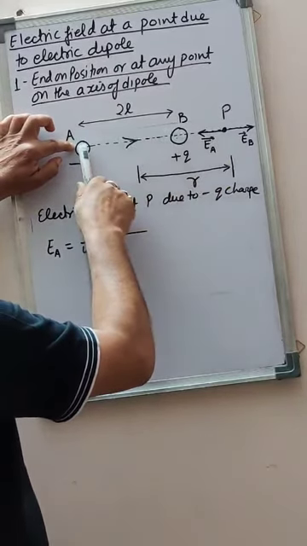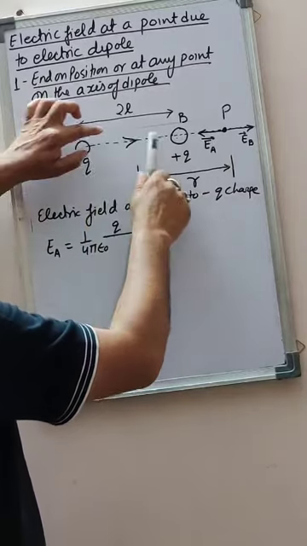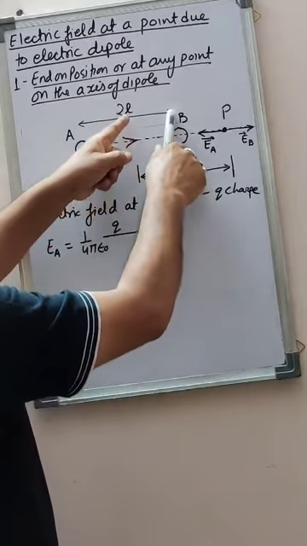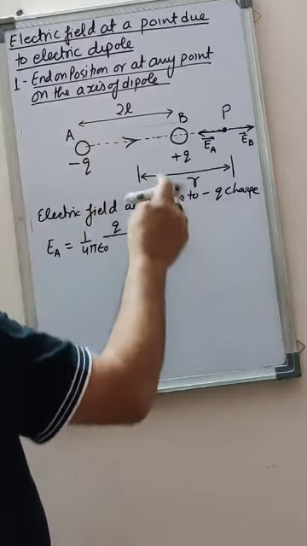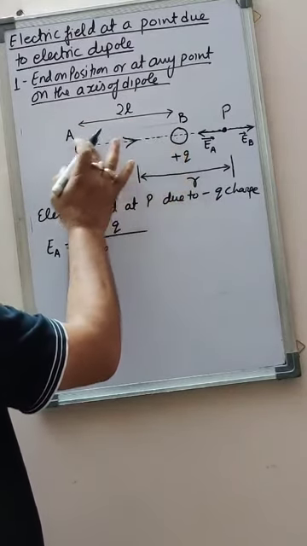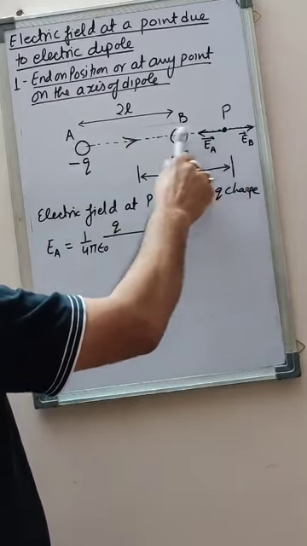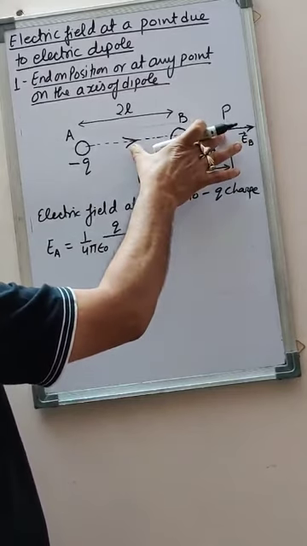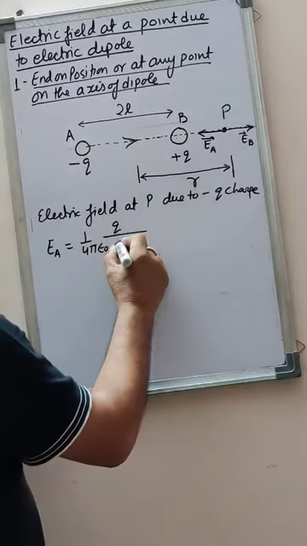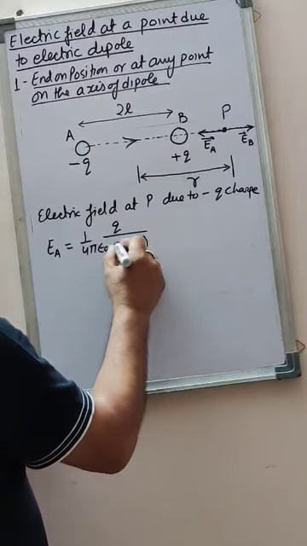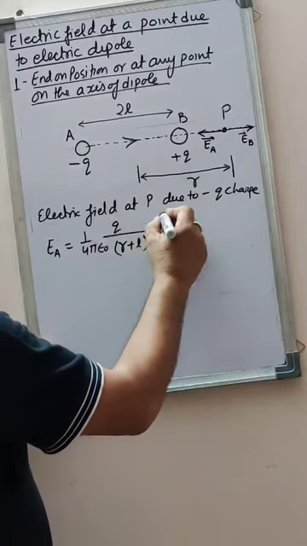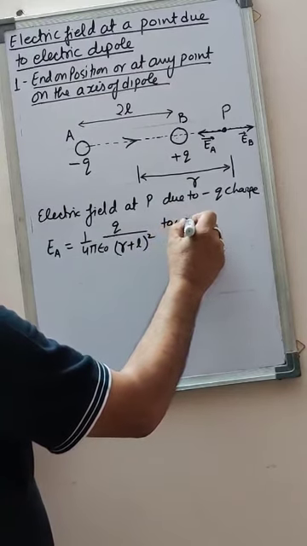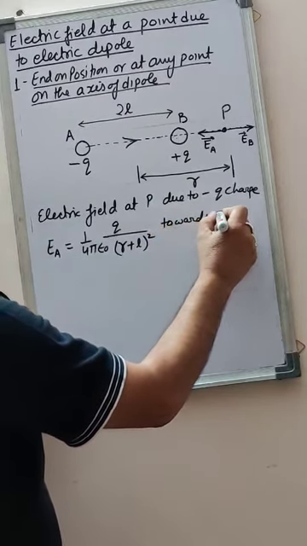This distance is 2L, so this half distance is L. From here to here it is R, so this distance will be R plus L. So it will be R plus L whole square. And this will be towards the charge.